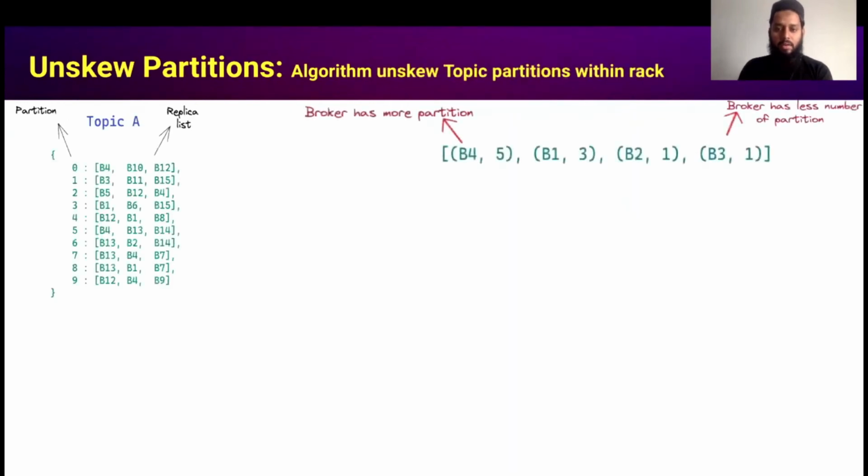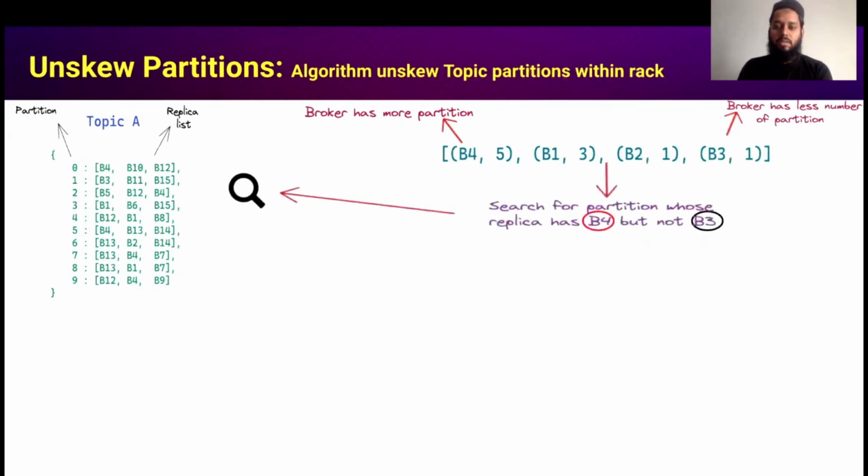Now we have an array of tuples. The left side of the array has brokers which have more partitions, and the right side has brokers which have fewer partitions. We search for a partition whose replica has broker 4 but not 3. We found that partition 0's replica has broker 4 but not 3.